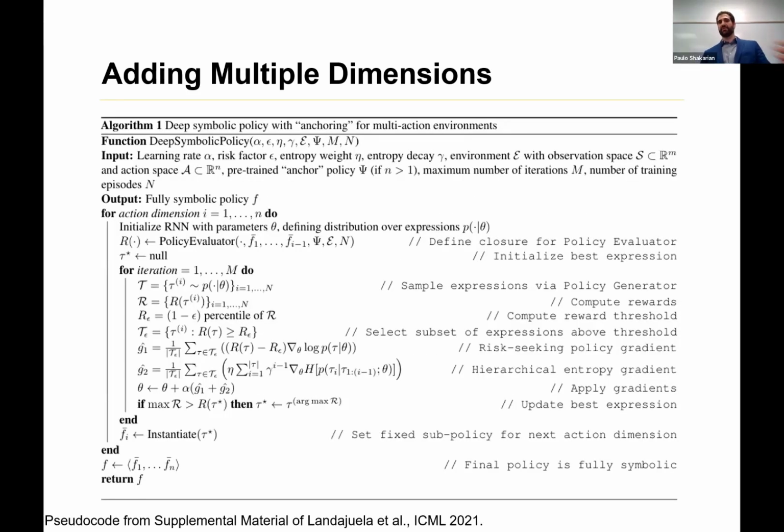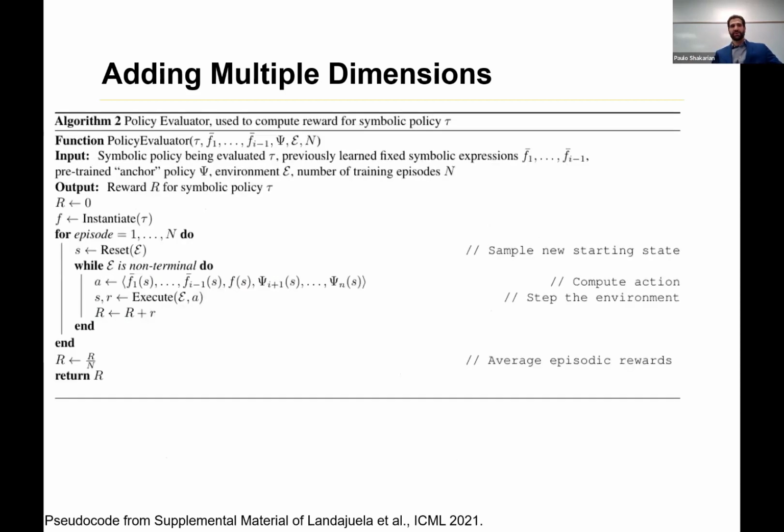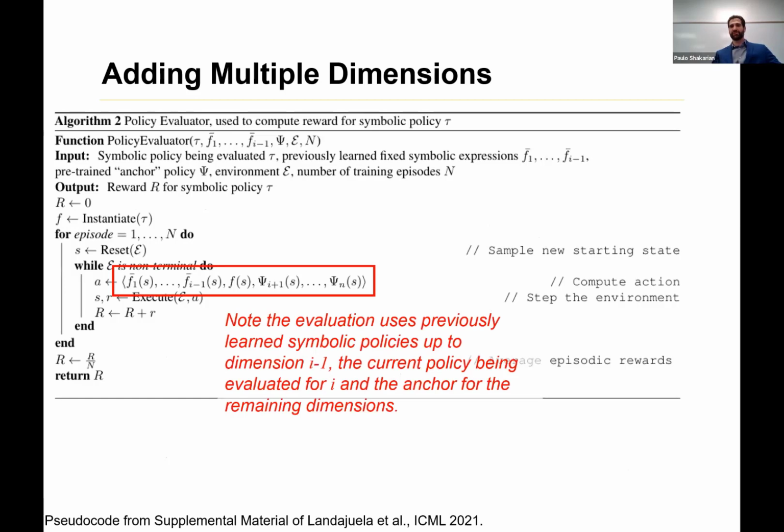So here's the overall approach. But notice this thing I highlighted here with the box, this is pretty much the exact same thing from the earlier paper. And so here, when we get into multiple dimensions, this is where you see in the red box on the screen, you notice you have F bar from 1 to i minus 1.